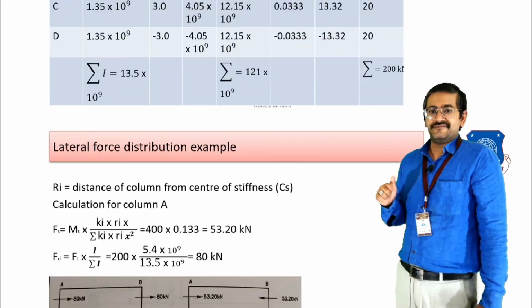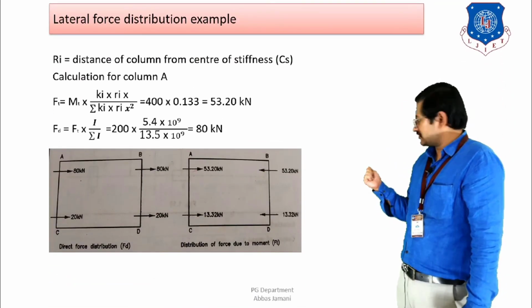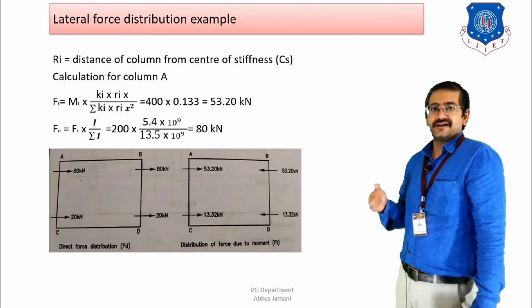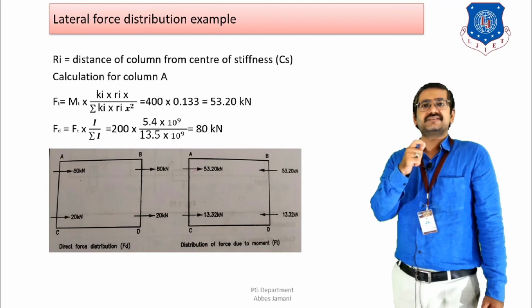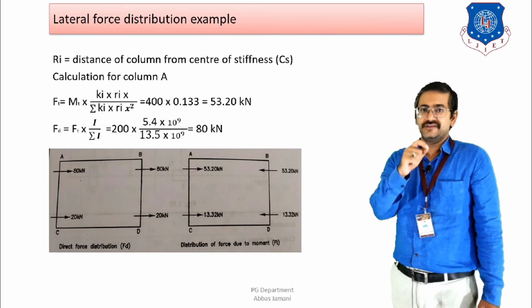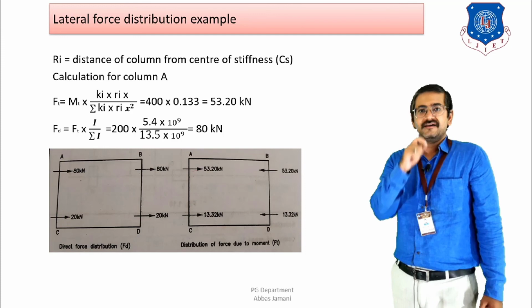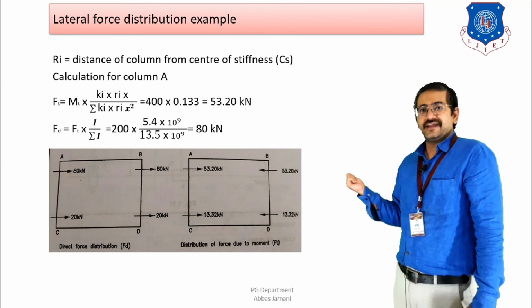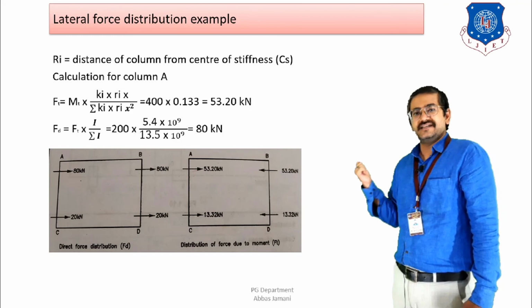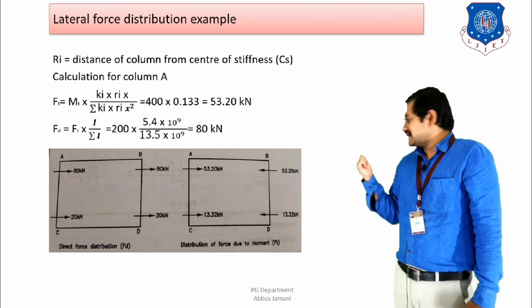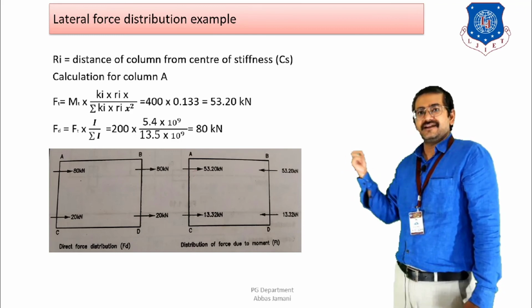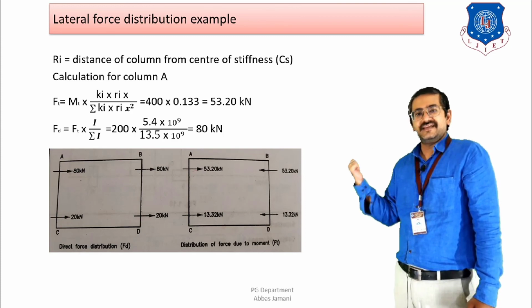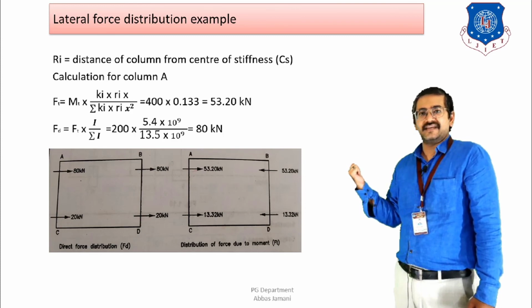So now if we look at the distribution that is shown over here, then the important thing that I told you at the beginning, that the purpose of this example is to understand how the lateral force is going to be affected by the orientation of the column. So if you look at it, the columns that are oriented towards the direction of forces, that is the columns that are rotated at 90 degrees towards the forces, in that case the amount of force carried by them is going to be more.